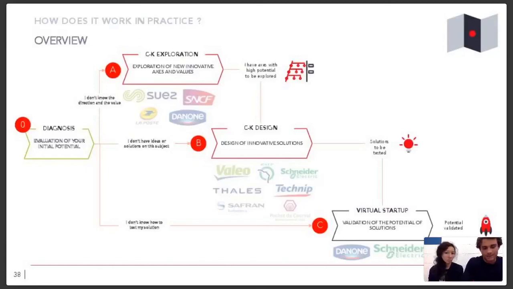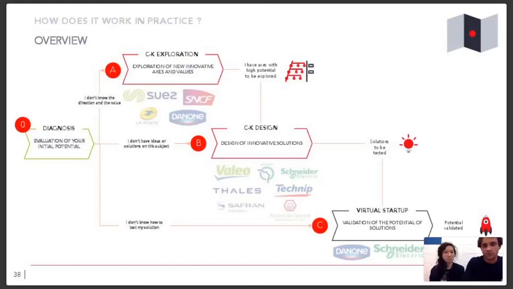CK was really designed for that, while design thinking was designed to create something well suited for the user. When you read books on both methodologies, you can see that the approaches are really different. CK is more to go for something really disruptive, and design thinking is really well adapted for the users.